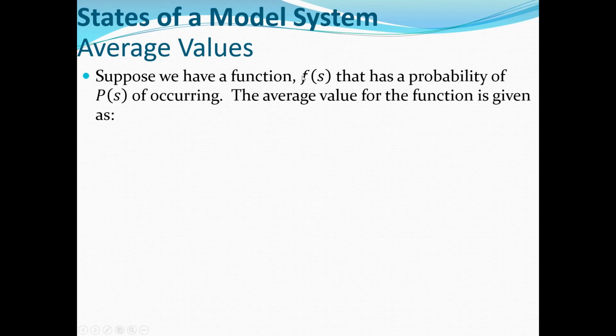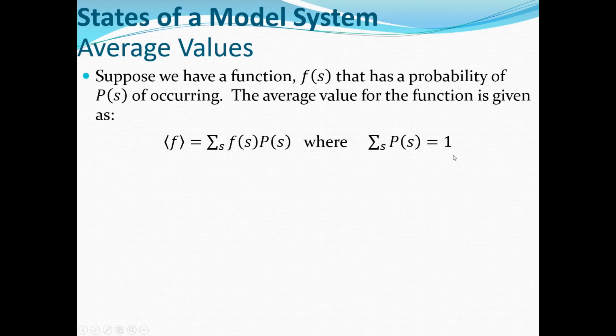Now, if we have some sort of function, and we say that the probability of that function occurring is equal to this, p at some spin excess, then the average value will actually end up being the sum of all the functions times their probabilities at the same states. And it's set up and normalized in such a way that if we just summed up all those probabilities, we should end up getting 1.